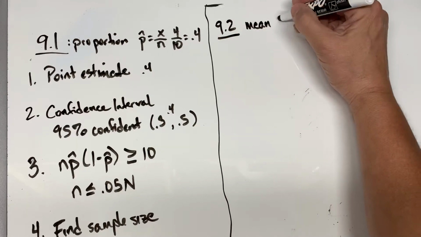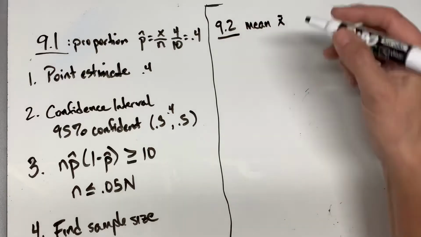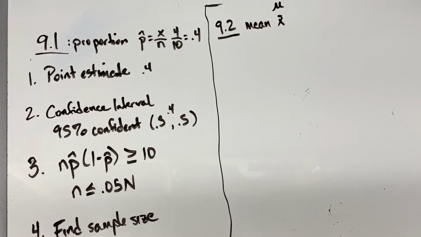So we're going to be looking at some x bars in there. If it's the population mean, then it would be mu. The whole idea is to look at samples and find these estimates so that we can make some big statement about what the population must be.